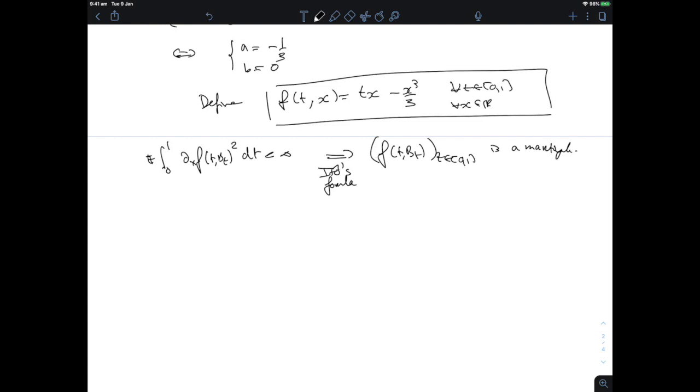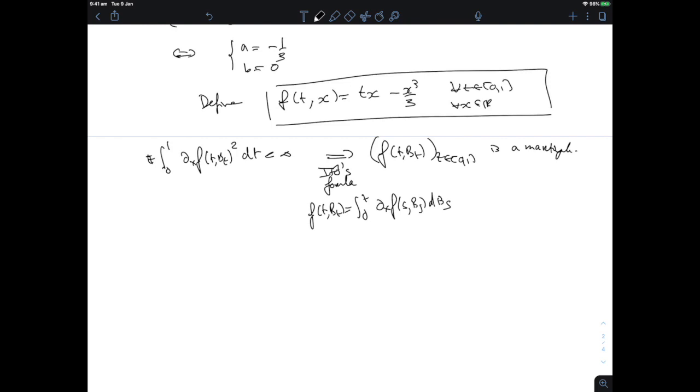Because f(t,x) satisfies the PDE, Ito's formula really tells us that f(t,Bt) is nothing but the Ito integral of ∂x f(s,Bs) from 0 to t. So as long as I'm integrating an H2 process, I'm going to get a martingale.